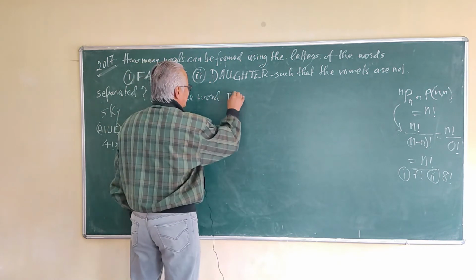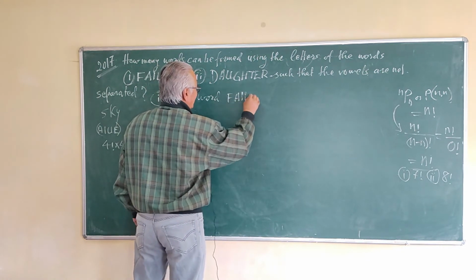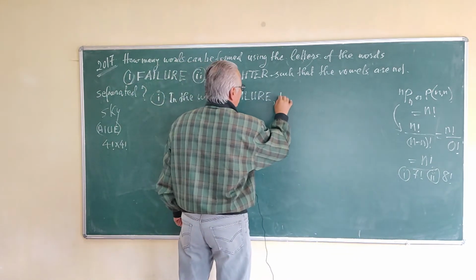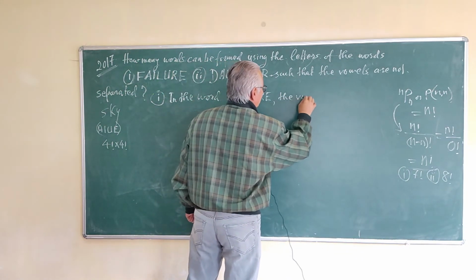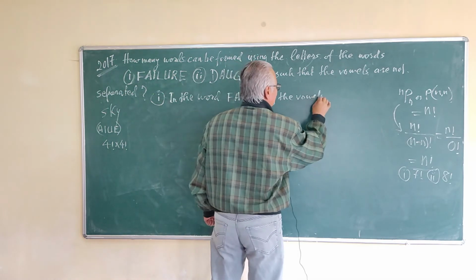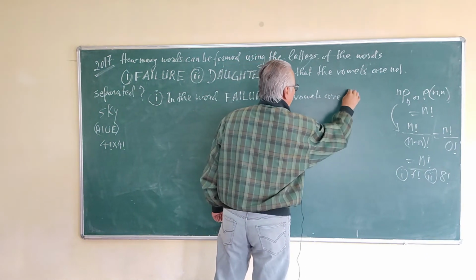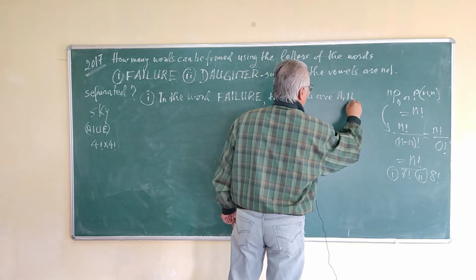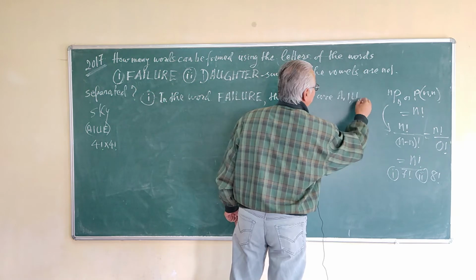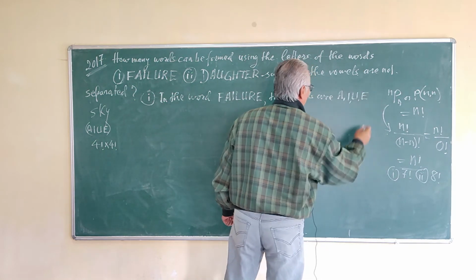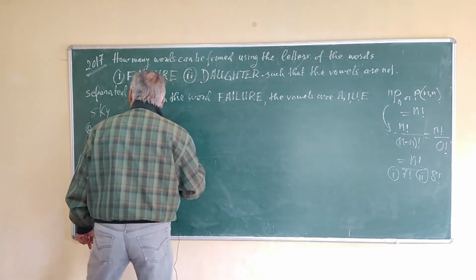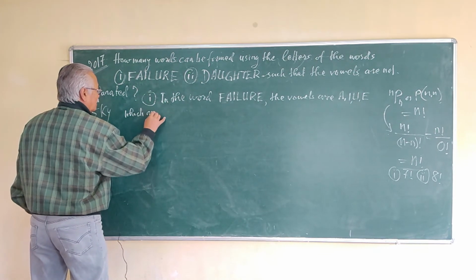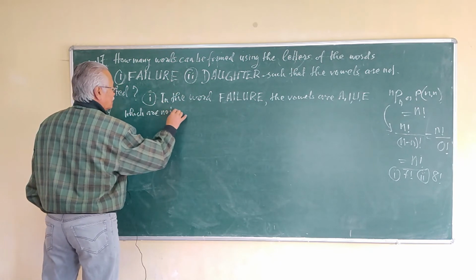In the word FAILURE, F-A-I-L-U-R-E, the vowels are A, I, U, and E, which are not to be separated.